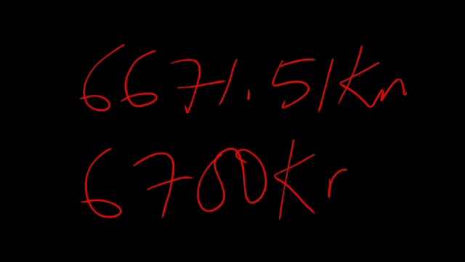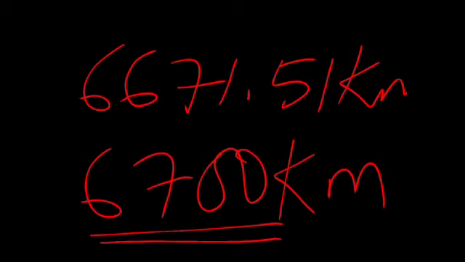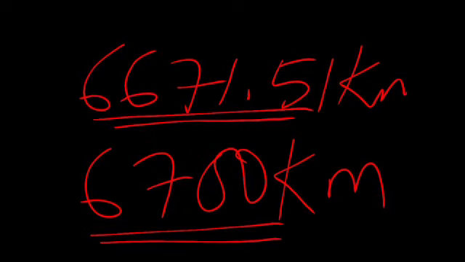If you leave your answer here, it's acceptable. If you leave your answer there, it's also acceptable. That is how we are going to calculate the distance between the 2 points in kilometers.